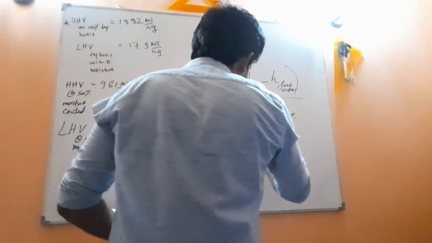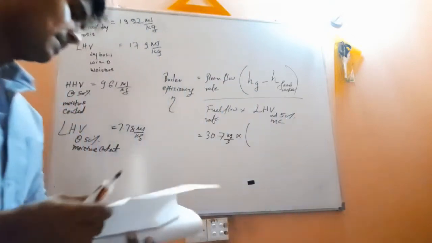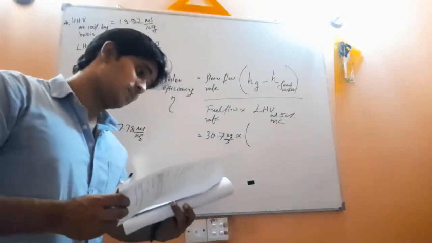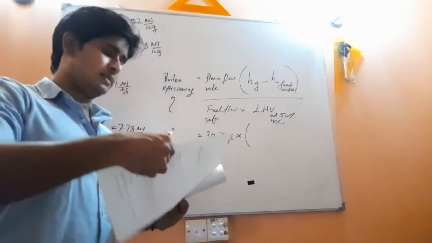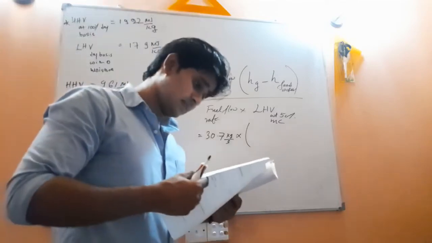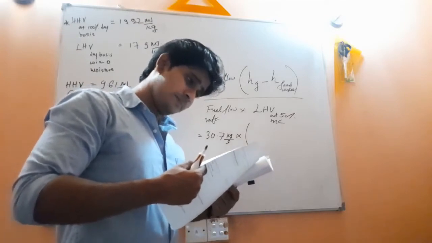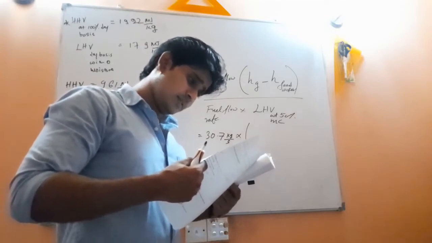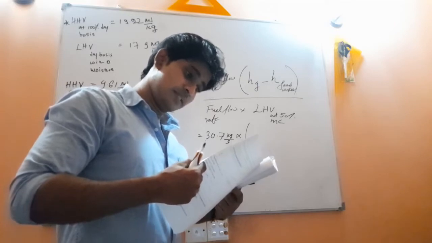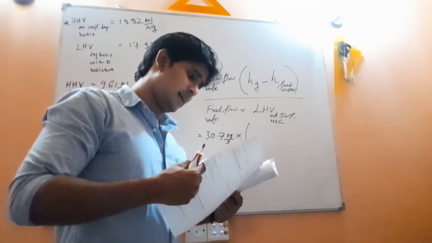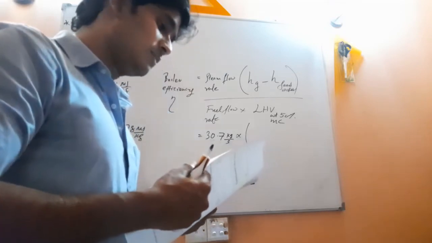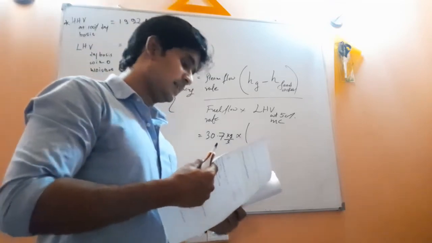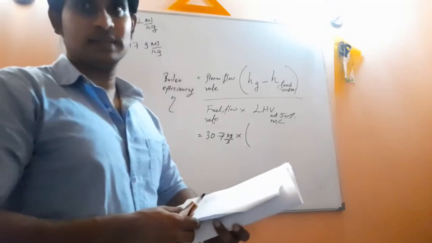multiplied by the enthalpy of steam. Sometimes they give the enthalpy of steam and sometimes you have to find that. Let's check whether they have given the conditions of the steam. Steam pressure and temperature from the boiler is 30 bar and 400 degrees Celsius. So you can refer to the steam table.